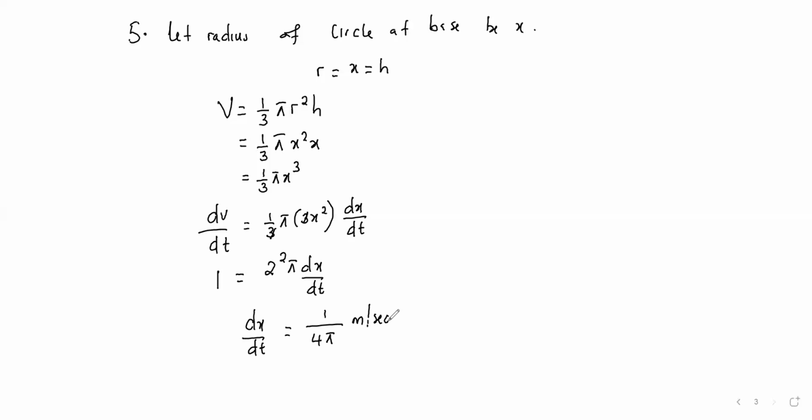Quite simple, is it? Maybe you want to ask after you have tried to solve it on your own. I'm still available for those questions. Let's go to question 6.